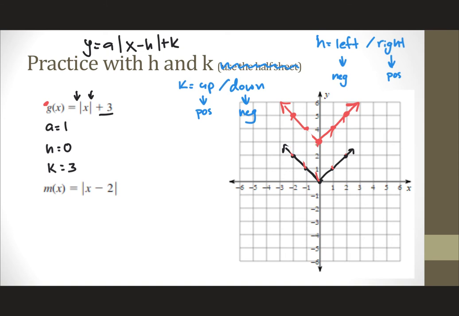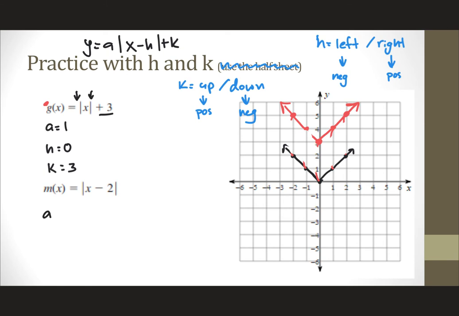Now, when you're graphing this on your own, I do want you to represent both functions, the parent function and your new transformation. I want you to see that you're starting with the parent function and then moving it. All right. Now, let's do the h. h is left and right. I'm going to go through all of my letters so we can practice seeing them.